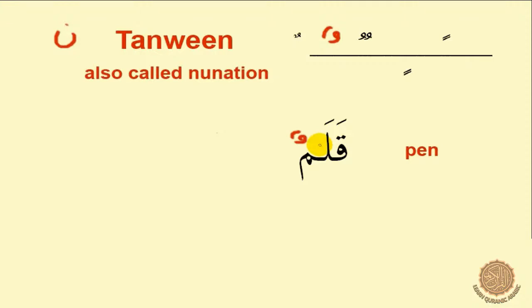So notice the noon sound at the end. It's pronounced as the following. It's the dhamma at the end, followed by, let's take this off, because we're going to put a noon at the end. A noon. With a sukoon. So, qalamun. That's how it's pronounced, and this is how it's written.